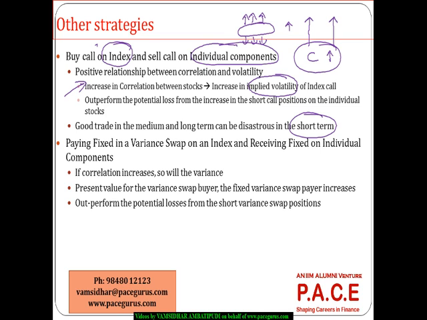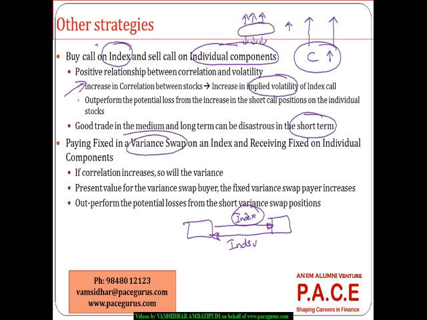The same logic applies to a variance swap. You get into a variance swap saying I pay a fixed amount of variance, I receive whatever is the market variance on a notional amount. Again, this payment is on the index. So I pay fixed variance of this index and I receive variance on the individual components.